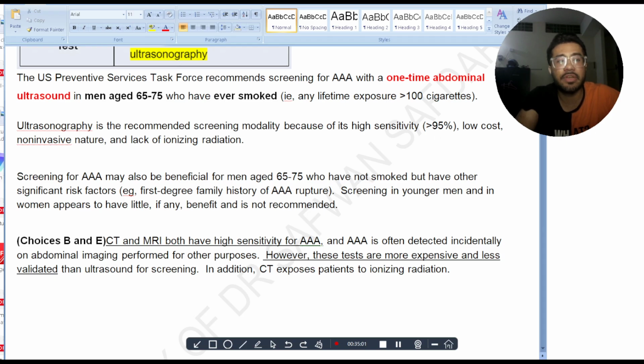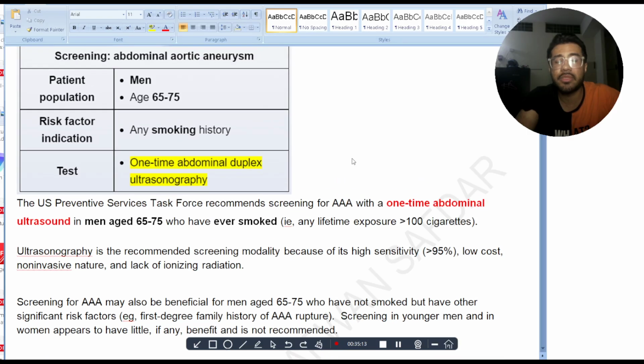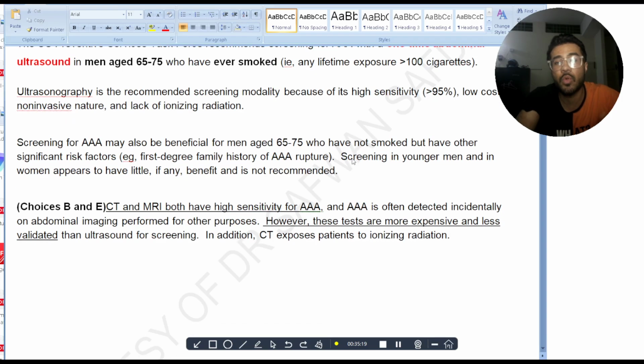It has high sensitivity, the ultrasound, and it is low cost. So, screening with abdominal aortic ultrasound may be beneficial for men who have not smoked but have other significant risk factors. So, basically, just need to remember any man who reaches the age of 65 and has ever smoked.